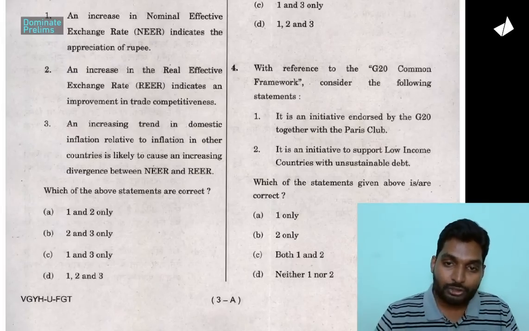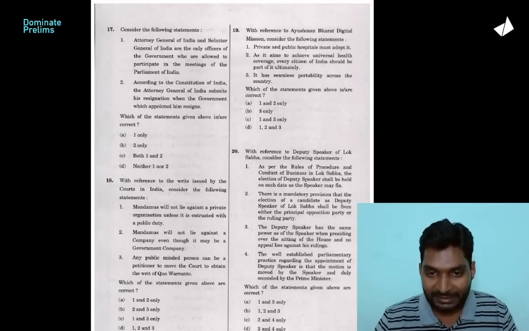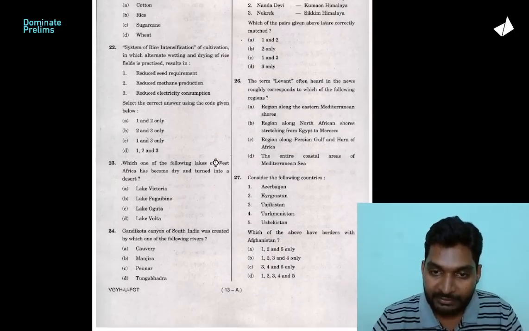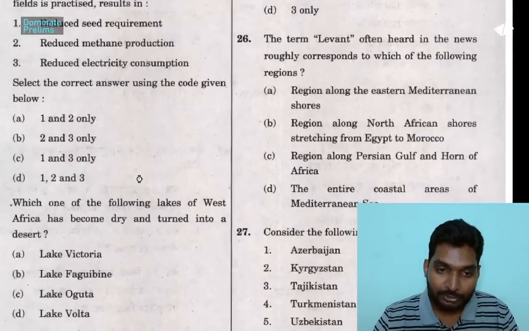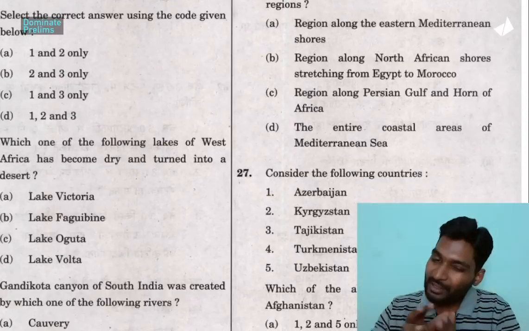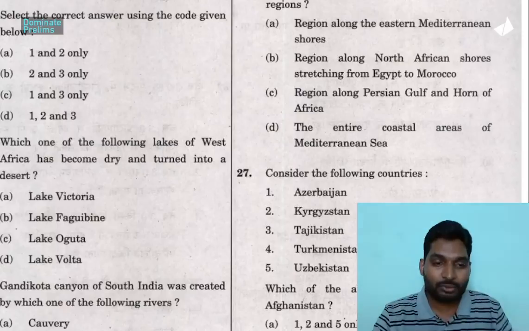Moving ahead, now assuming we have followed the same process in many questions, let's take the example of a few more questions. Assuming we are attempting question number 23, again we'll be taking a bird's eye view. What are the keywords in this question?